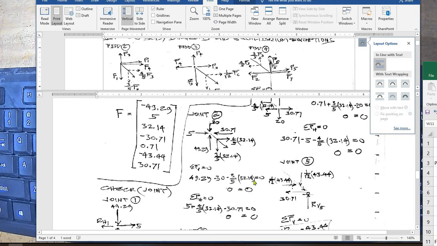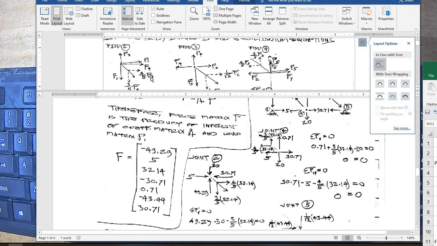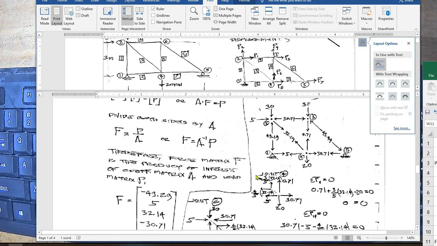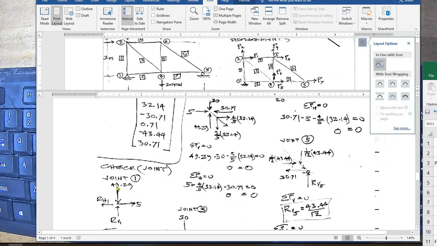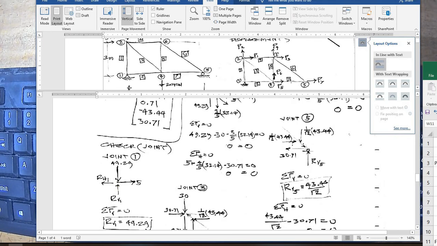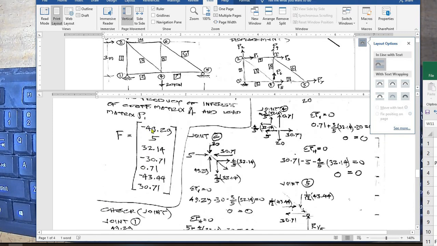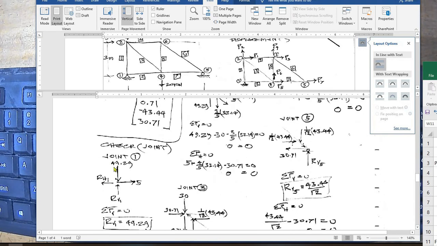Now let's solve for the reactions at joints 1 and 5. So let's go to joint 1. At joint 1, the forces are force 1 and force 2. Force 1, or F1, 49.29, is negative, meaning compression, or your arrow is towards the joint.